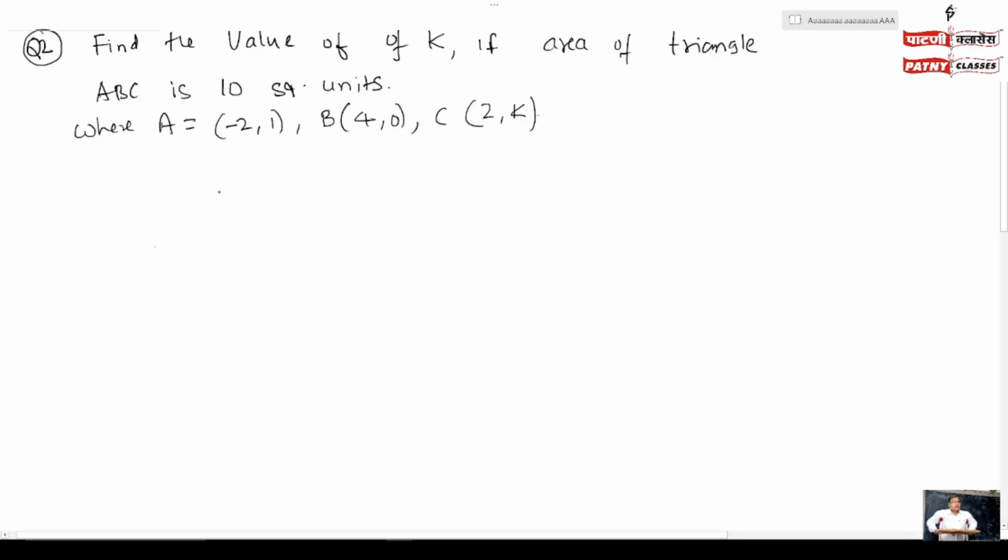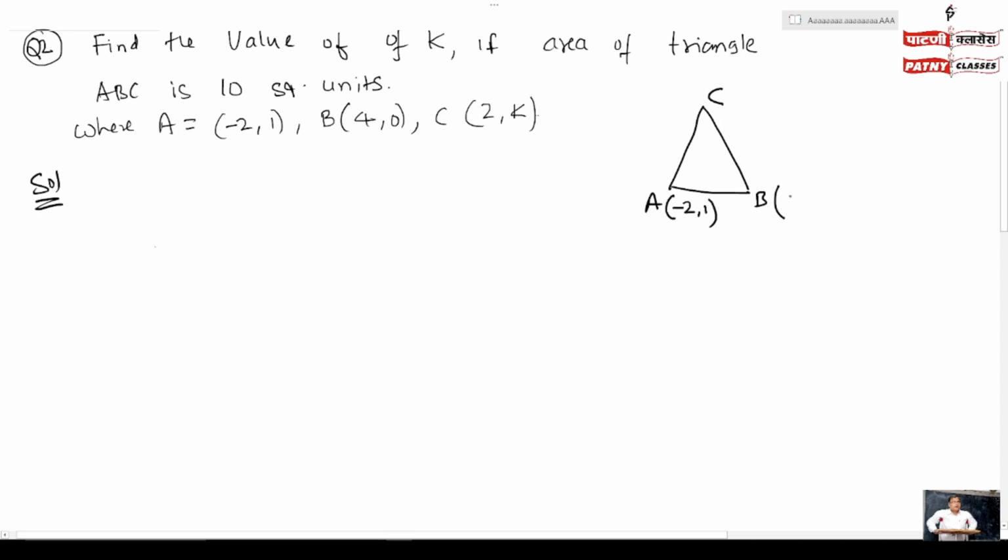Find the value of K if area of triangle ABC is 10 square units, where A is minus 2, 1, B is 4, 0 and C is 2, K. Solution. Before solution, let us draw the triangle A, B and C. A is nothing but minus 2, 1.